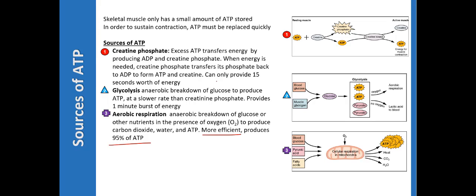Whereas creatine phosphate can only provide 15 seconds worth of energy, and glycolysis only provides a minute burst worth of energy. So that's why oxygen is very important when you're exercising over a long period of time, because it's that oxygen that helps to fuel aerobic respiration to produce the ATP that our muscles need.